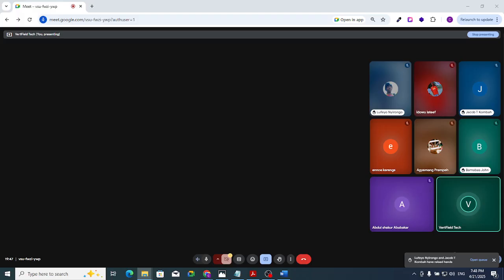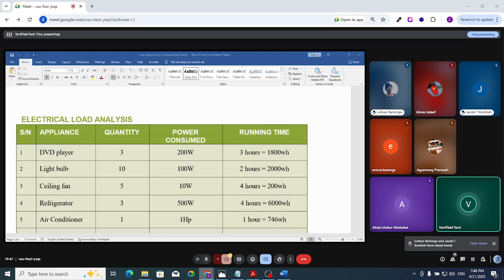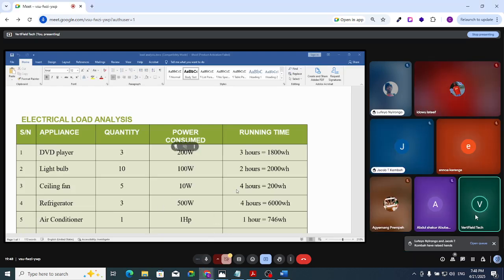So let's say again, our client for tonight, Mr. Joe, lives in a 3-bedroom apartment, and he wants a DVD player in each of those rooms. So on our table of load analysis, we are going to have a 3 for the quantity of appliance. That is what it simply means.